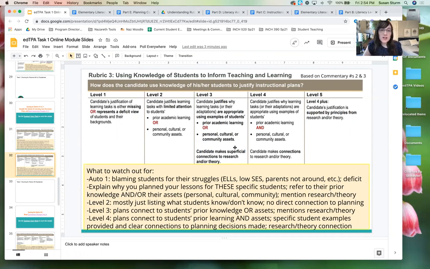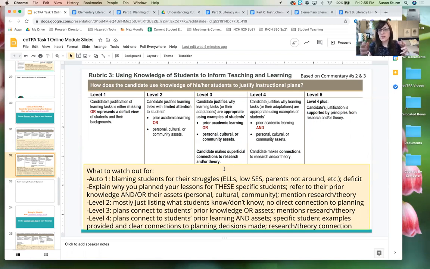At a level 3, you're justifying why the learning tasks that you've planned or your adaptations are appropriate, using examples from your students' prior learning or their personal, cultural, and community assets. And we'll break that down. You're also able to make a connection to research or theory in this one, but it might be a tenuous connection or it might be a superficial connection.